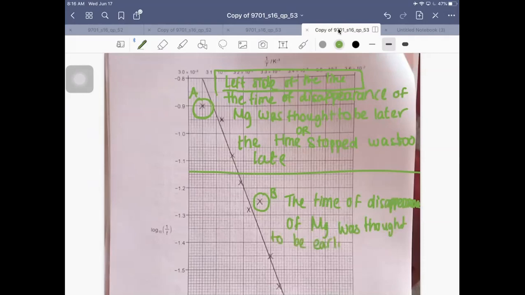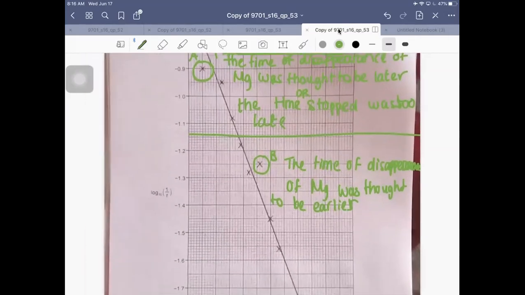This is the more common reason. You may have thought, oh, my magnesium has completely dissolved, but actually there is still some magnesium there. So the reaction hasn't stopped, but you already stopped your timer early. That's why your point B is earlier than expected, shorter than expected. That's the first reason.